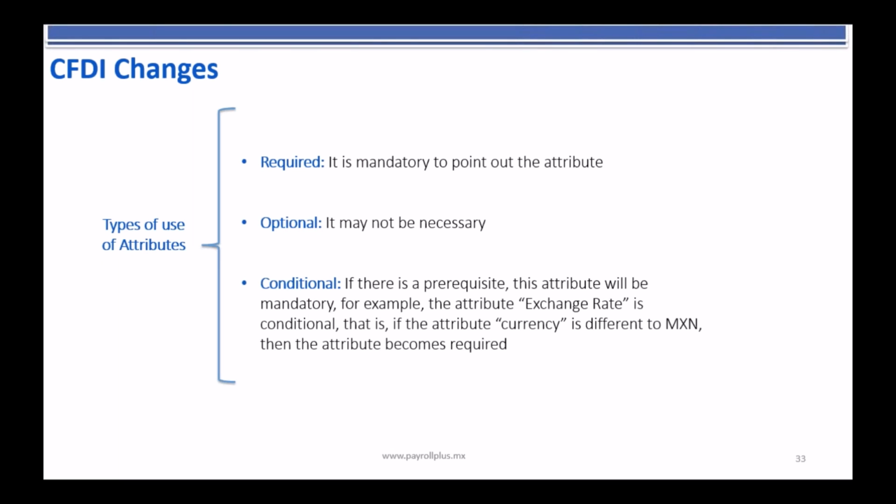So it is very important that when there is a conditional field, we make sure whether it should be blank or mandatory if we already filled in something that is a prerequisite for it.